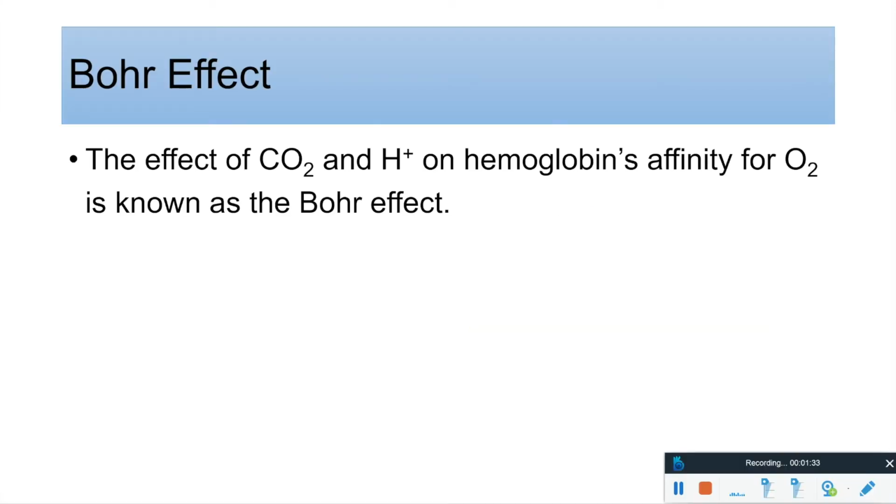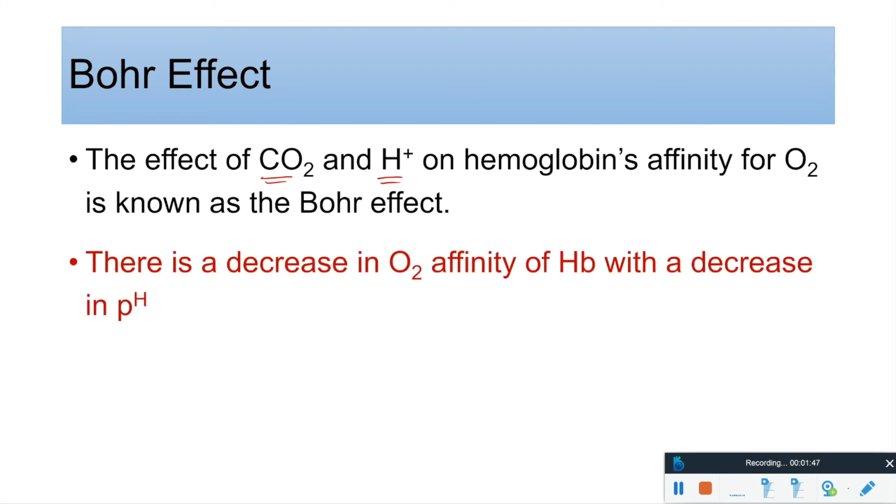If you look in books, Bohr effect will be written like this: the effect of carbon dioxide or H plus ion on hemoglobin's affinity for oxygen is known as Bohr effect. In some other books, it is written that there is a decrease in oxygen affinity of hemoglobin with a decrease in pH.